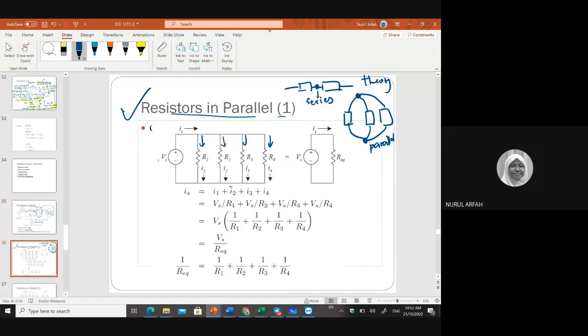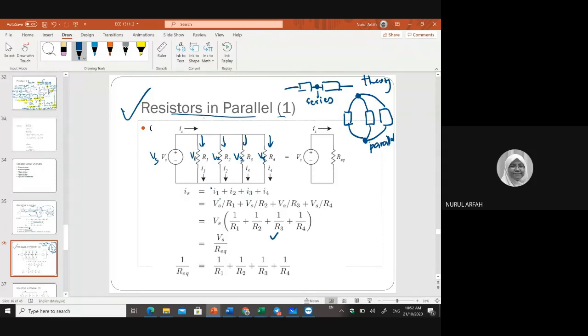So based on that, the current leaving should be equal to the current entering. And then you rearrange. All voltages in parallel should have the same voltage, right? Voltage across V1, V2, V3, V4, all these are equal to Vs. So you just write a single Vs like this.